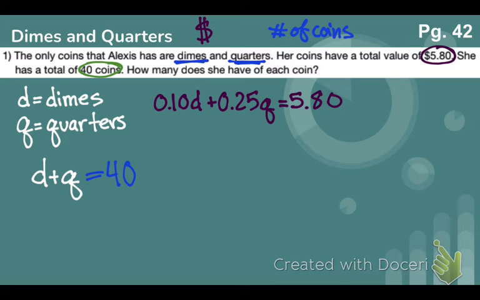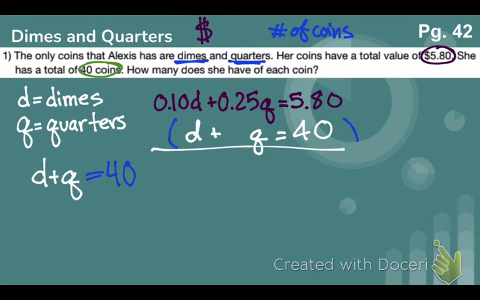But we can absolutely do elimination. So what would I have to multiply by to eliminate one of our variables? You can multiply everything by -0.10.